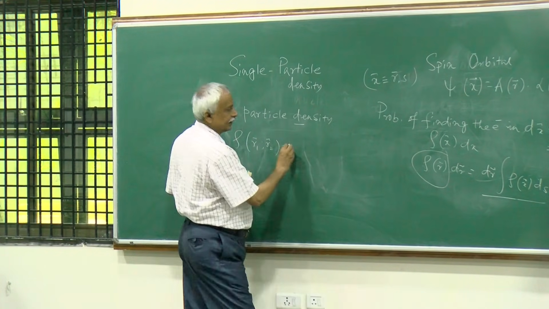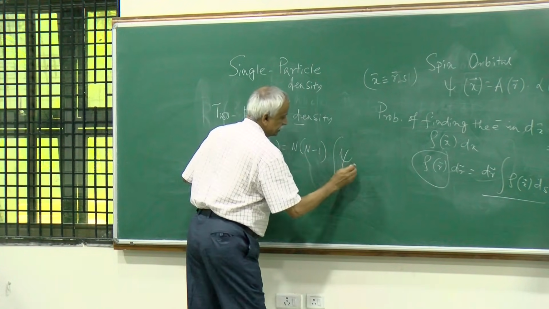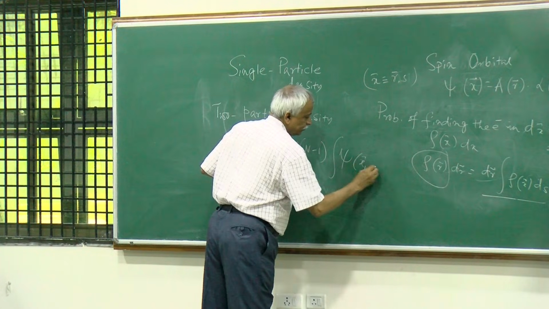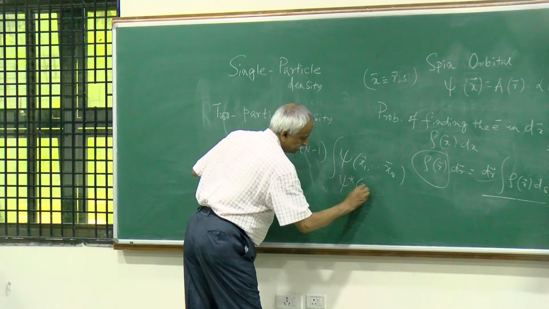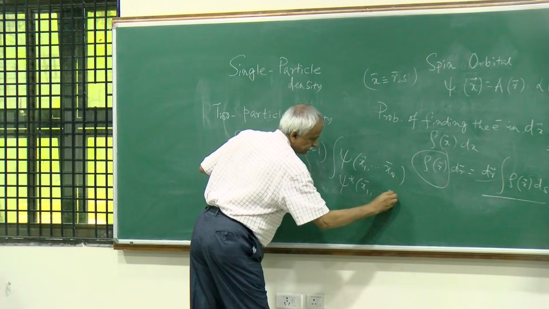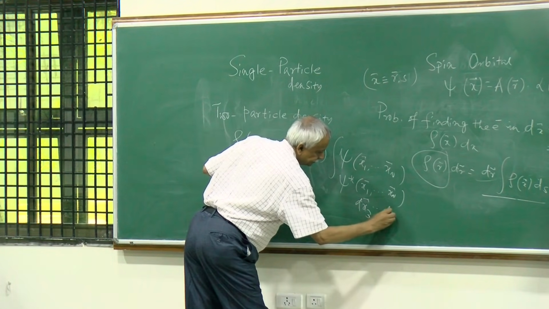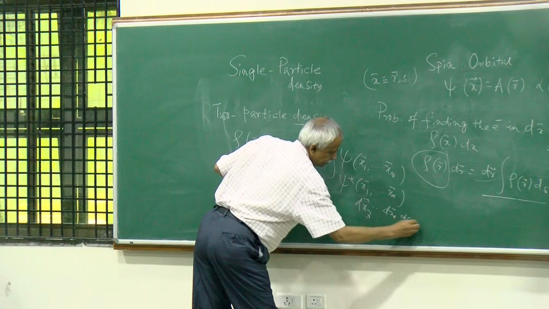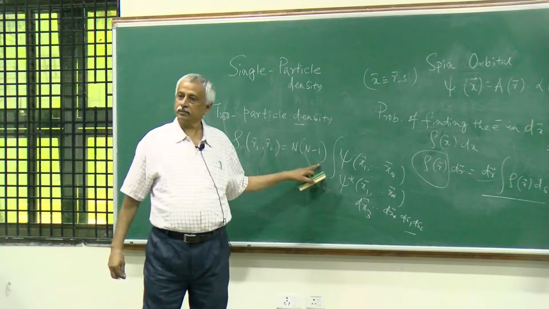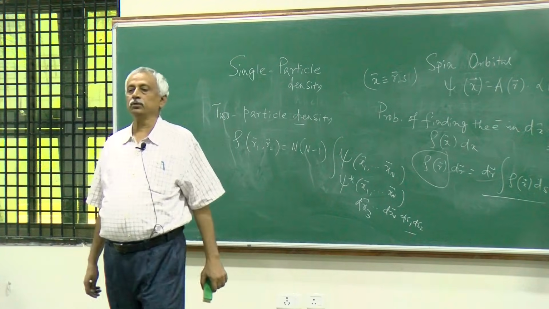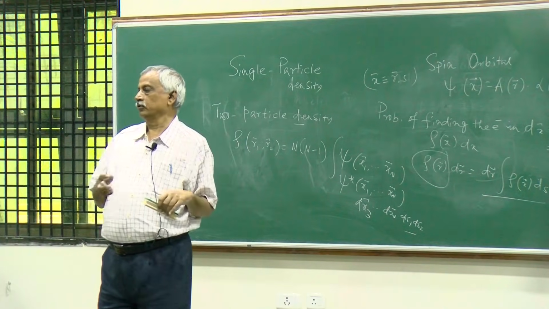That means it would be n into n minus 1 times the integral of psi of x1 to xn, psi star of x1 to xn, dx3 to dxn, and ds1 ds2. So this gives you the probability density of getting electron 1 in dr1 and electron 2 in dr2.